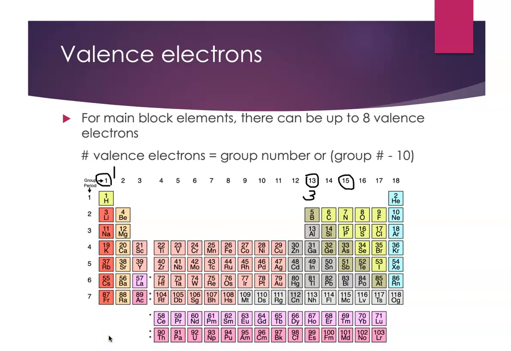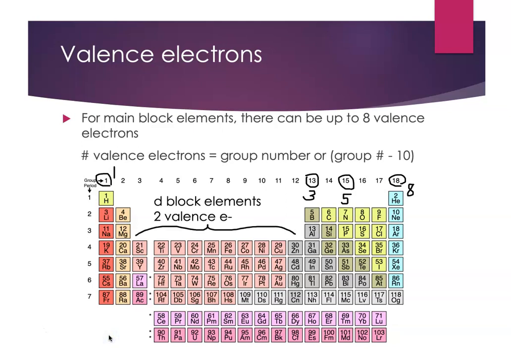For our group 15 elements, there are 5 valence electrons. For our group 18 elements, there are 8 valence electrons with the exception of helium. Since helium only has 2 electrons, that's what it's got. It can't have 8. So we can very easily figure out the number of valence electrons just from looking at the periodic table.